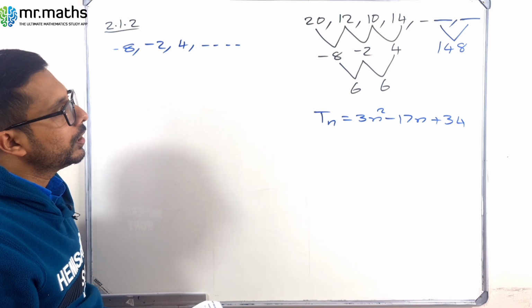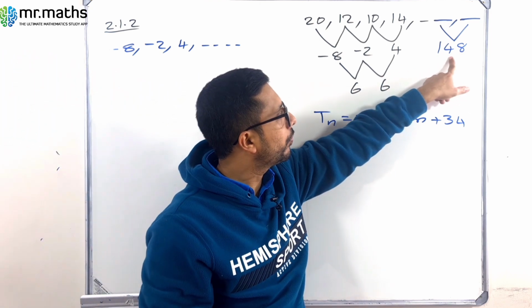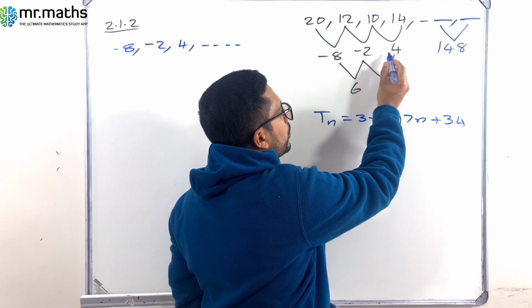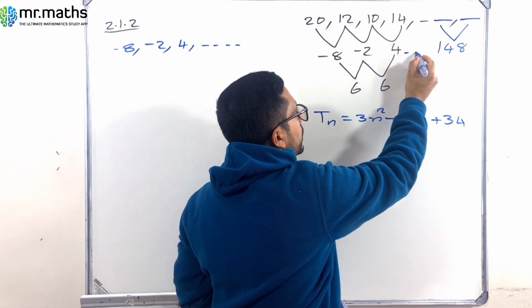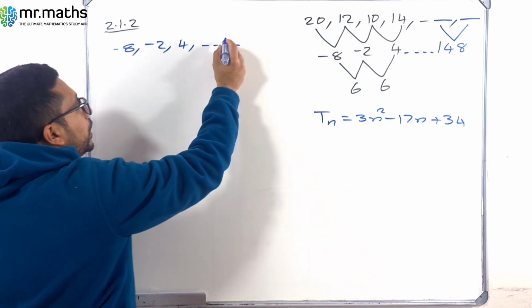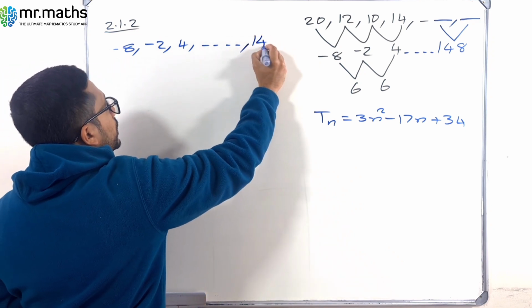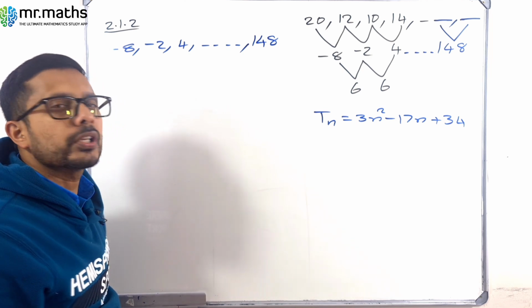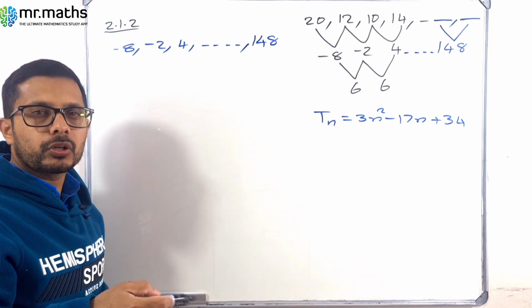Okay, so here what we can do is, this 148 is the first difference. Am I right? So minus 8, minus 2, 4, etc. There is a term 148. So here you have to assume that this 148 is the last term, or the Tn.